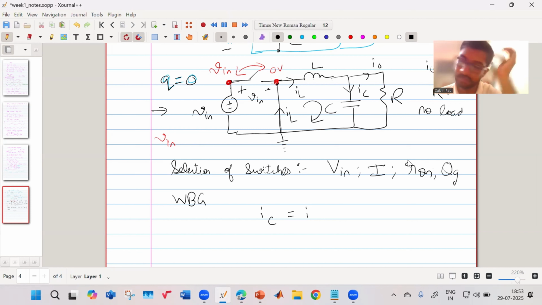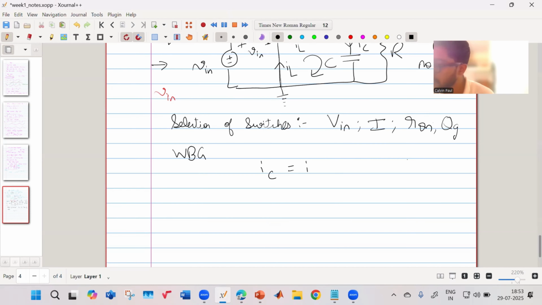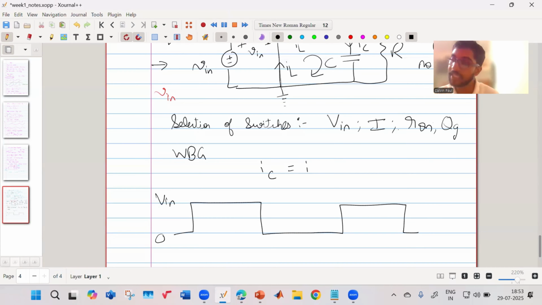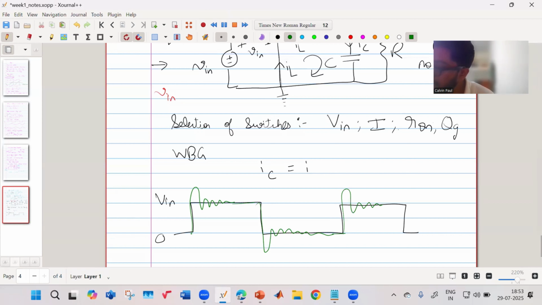Those spikes are in the voltage across the switch. Ideally, if you assume this is Vin and this is 0, it looks like this, but practically there will be these kinds of spikes. You may not be able to see this behavior on the oscilloscope because it is very high frequency.